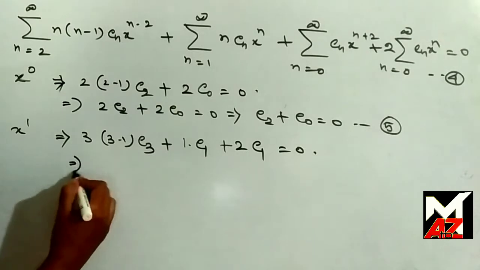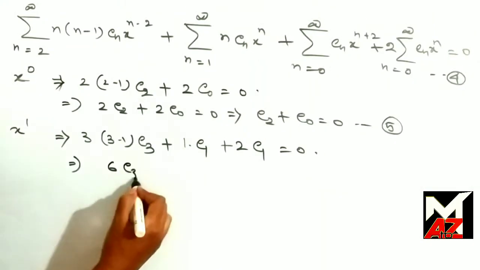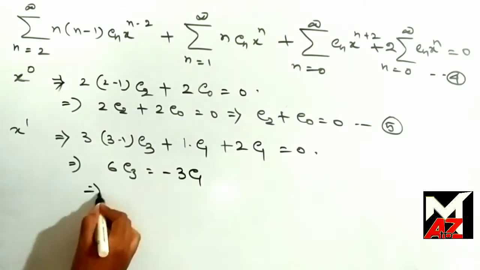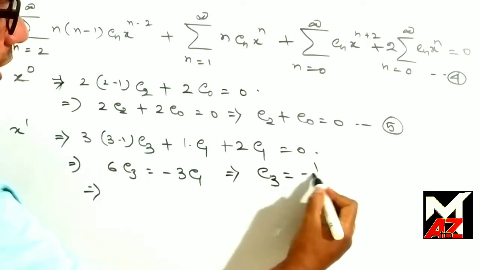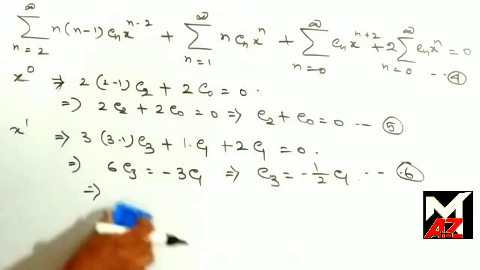That is we get 6C3 equal to minus 3C1, that is C3 equal to minus half into C1. This is 6.